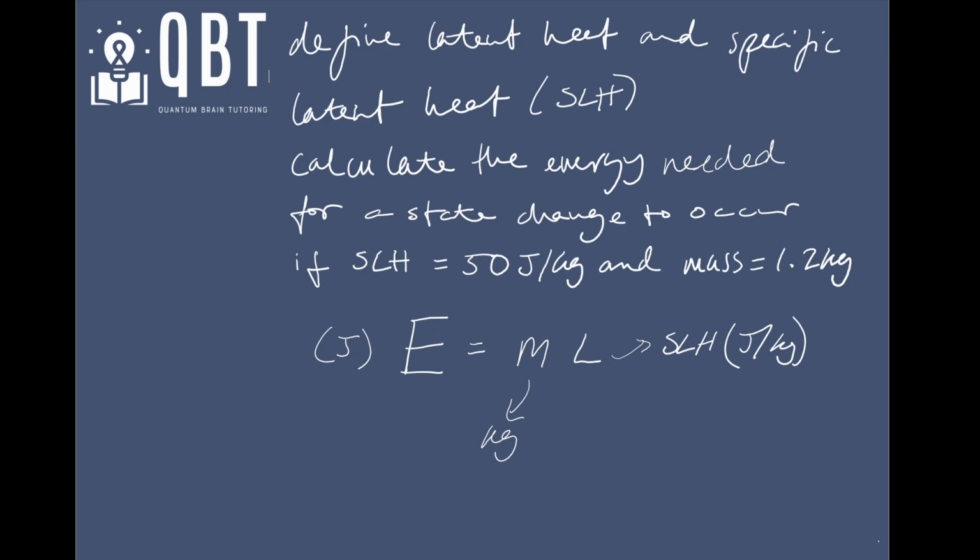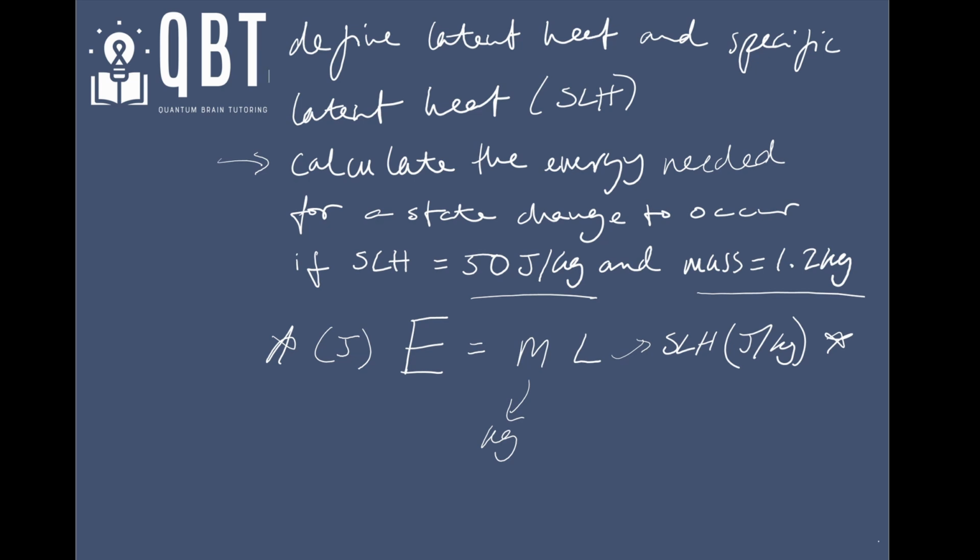Now using this lovely equation, we can actually tackle this question here, can't we? Because it says to us, calculate the energy needed for a state change to occur if the specific latent heat is 50 joules per kilo and the mass is 1.2 kilograms. So the way that we would do this is we would simply identify our variables, and we would put those into our equation.